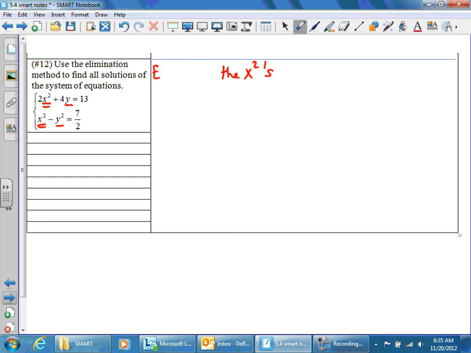All right, eliminate. There, that looks better. So let's see, I'm going to multiply the second equation by -2. And I'm going to add it to the first equation.